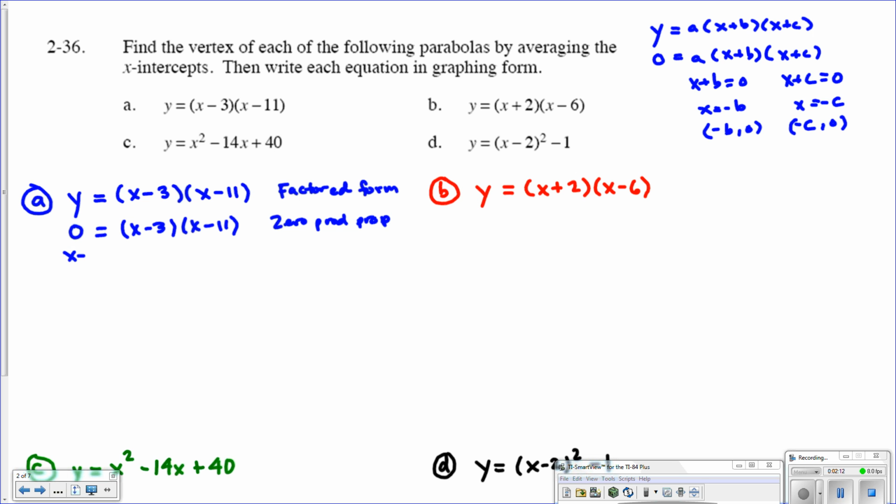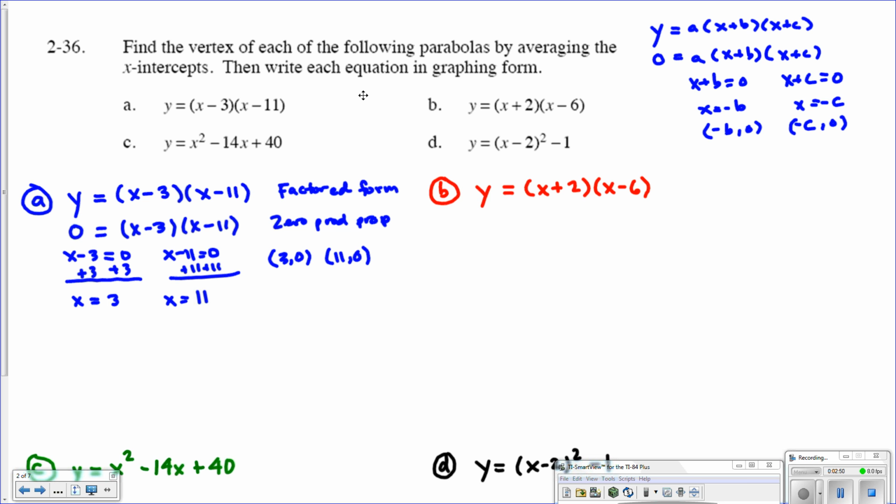So x minus 3 is going to equal 0, and x minus 11 is going to equal 0. We're going to add 3 to each side. We get x equals 3, add our 11, we get x equals 11. That means that our x-intercepts there are going to be the point (3, 0) and the point (11, 0).